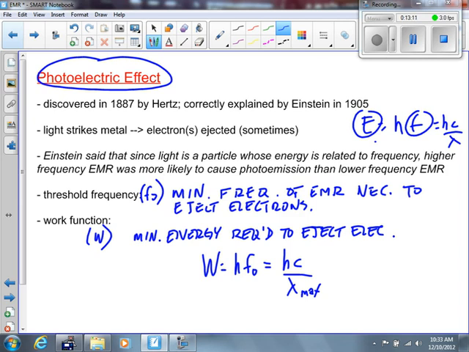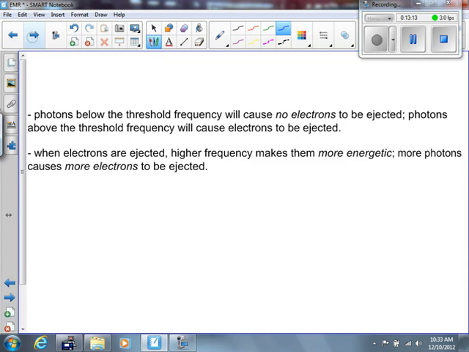Okay, this is where we left off on Friday. We didn't write this down, but we did talk about this on Friday, and we talked about it in our review here today. When you're below the threshold frequency, nothing happens. It doesn't matter how many photons you have. When you're above the threshold frequency, the electrons will be ejected. And it's a 1-to-1 ratio.